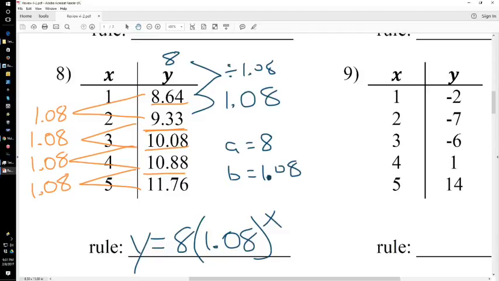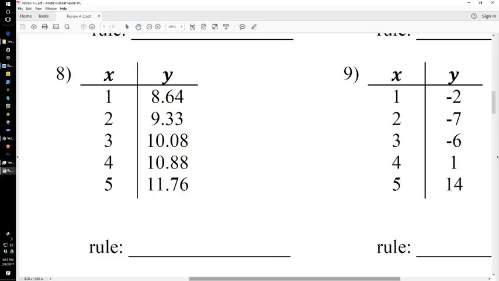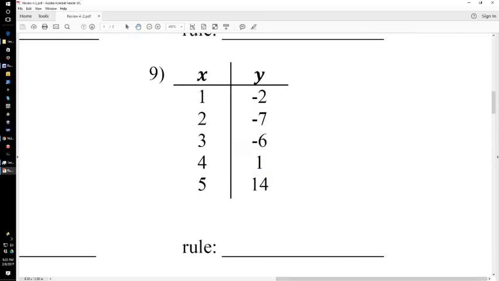Alright, last one and then we'll move on. Number 9. Same difference. Let's start by subtracting. 7 minus negative 2 is 5... I mean, negative 6 minus negative 7 is a positive 1. 1 minus negative 6 is 7.